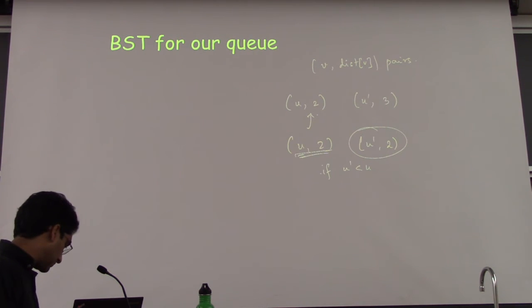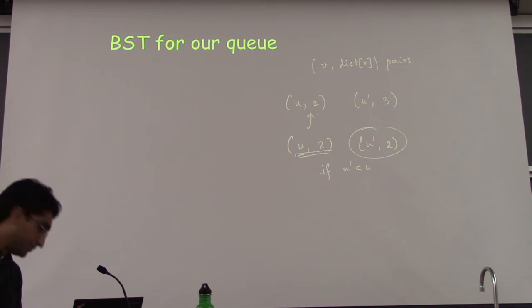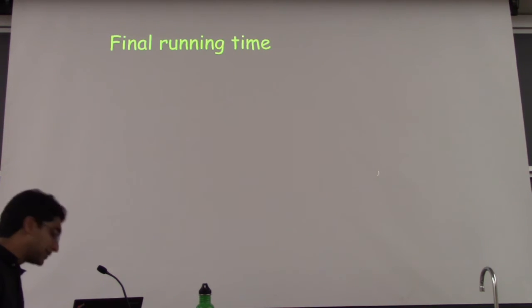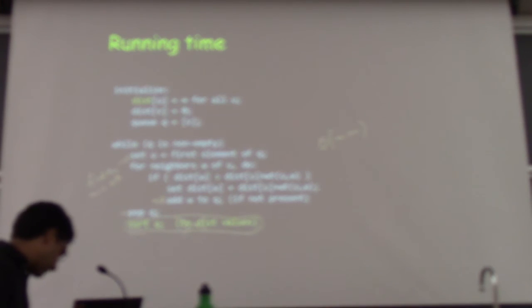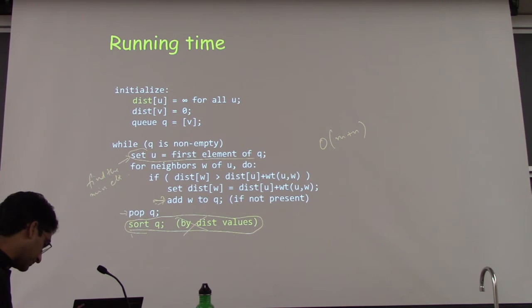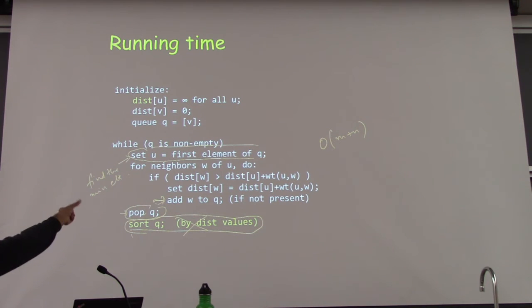Okay, so the priority queue has an easy implementation in terms of binary search trees. And so what's the final running time? Oh, okay. I forgot to copy paste the algorithm. But basically, you have this. Now you no longer have this sorting step, and we said that each of these operations, one is finding the first element and popping it, can be done in O(log n) time.